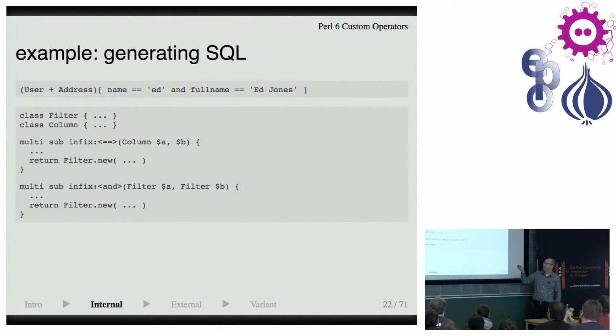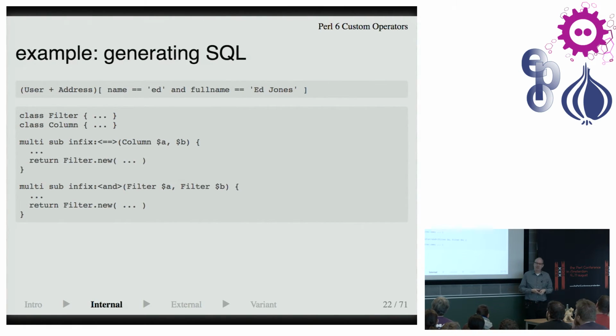Similarly, we could do something with equals: equals takes 2 columns, or maybe a column and a value, and returns a filter of some sort. So you have a lot of flexibility if you're designing an ORM to generate SQL in Perl 6.